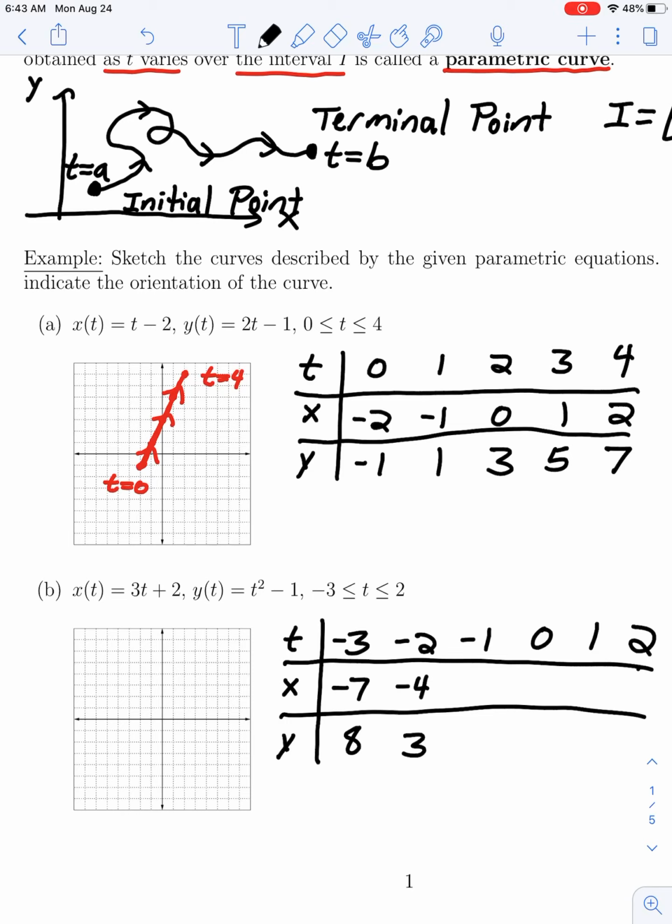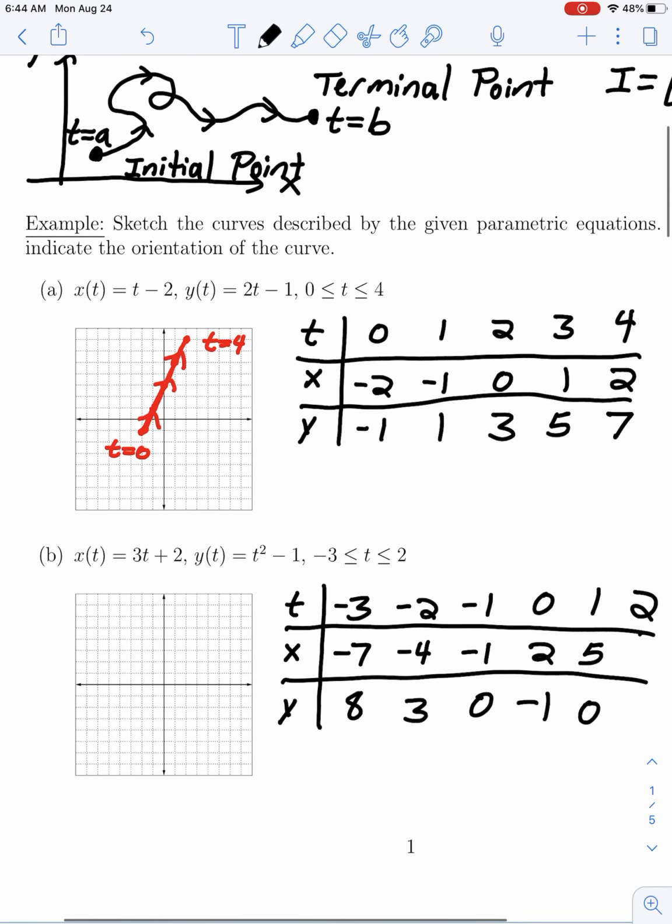When t is -1, we see that x is -1 and y would be 0. If t is 0, x is 2, y is -1. If t is 1, we have 5 and 0. And if t is 2, we have x is 8, and y is 3.